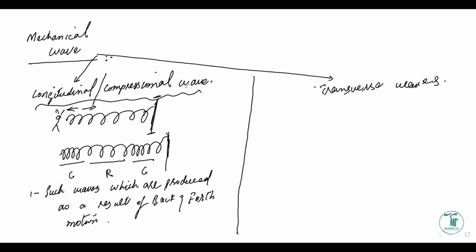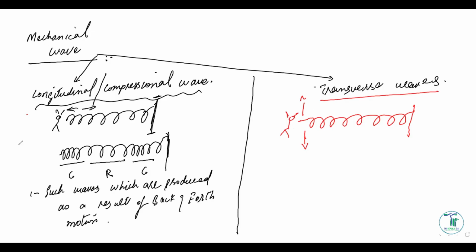Now, secondly, we need to talk about the transverse wave, right? Now, what is a transverse wave? Whenever you're talking about the transverse wave, you just need to remember you've got the same slinky spring. Slinky means a very loose spring, right? You are standing right over here, grabbing one end of the wire and trying to move it up and down.